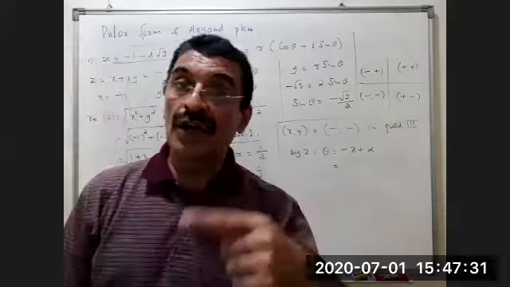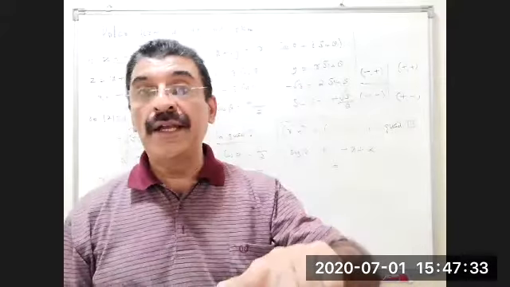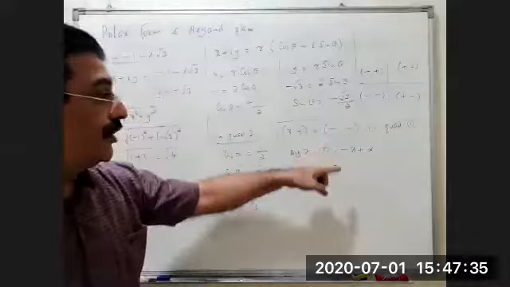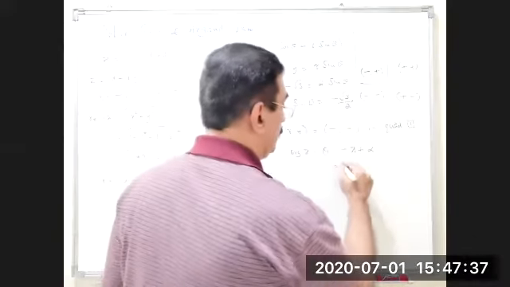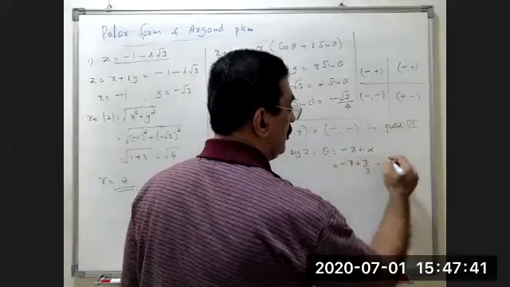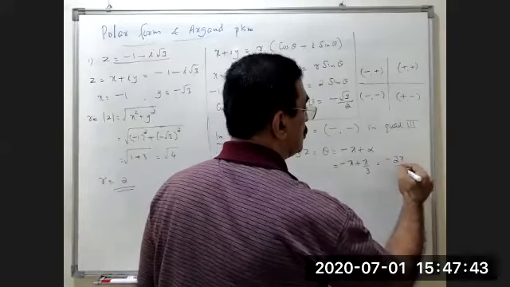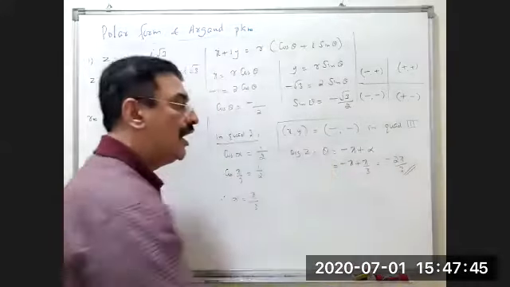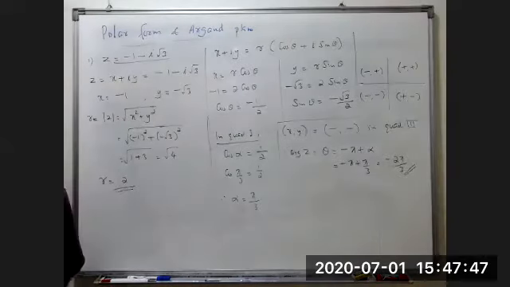If it was in quadrant 2, it would be pi minus alpha. In quadrant 3, minus pi plus alpha, which is minus pi plus pi by 3, which is minus 2 pi by 3. So the argument is minus 2 pi by 3.